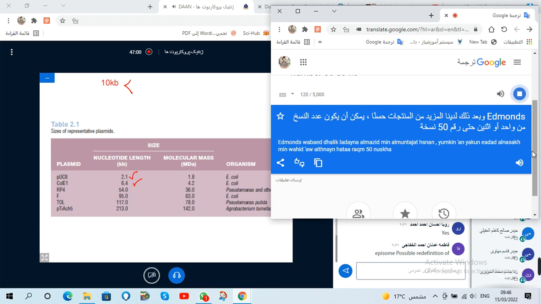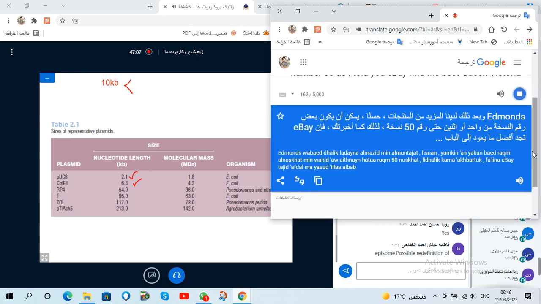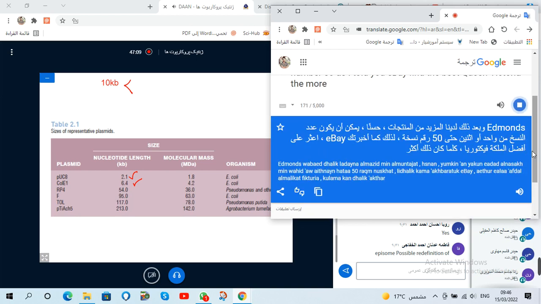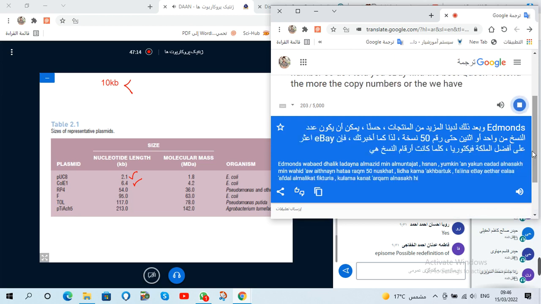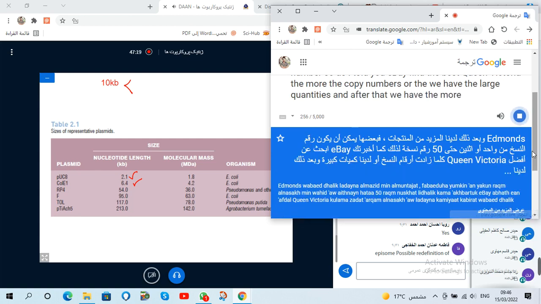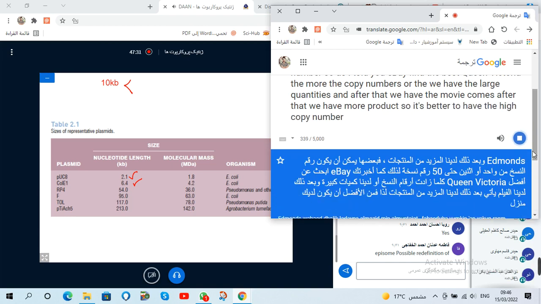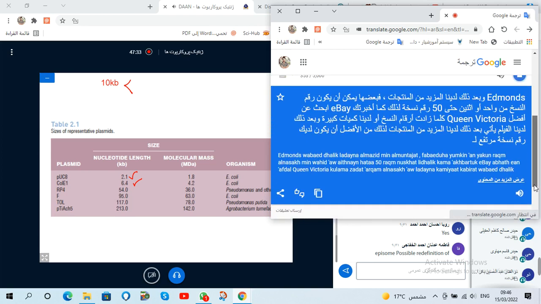As I told you, if we want the best cloning vector, the more their copy numbers are, the larger the quantities we have, and after that we have more recombinant DNA. After that we have more product. So it's better to have a high copy number for the plasmids.